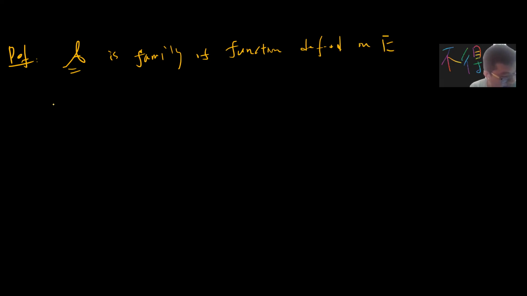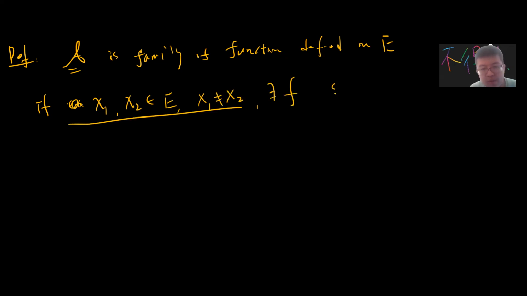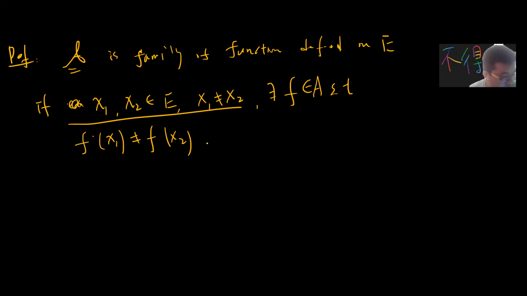If for any x1, x2 in E that are not the same, there exists f in A such that f(x1) is not the same as f(x2), then you can find some f which distinguishes these two points. And we say that A separates points on E.